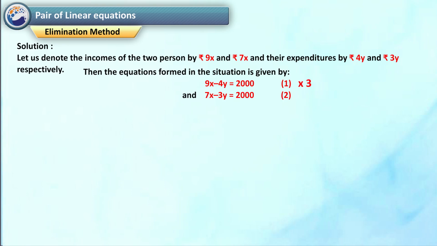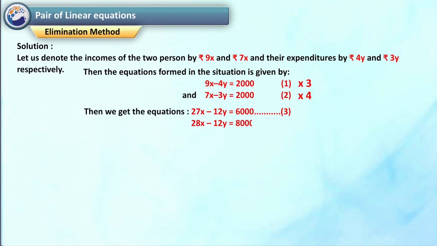Multiplying equation 1 by 3 and equation 2 by 4 to make the coefficients of y equal, we get 27x minus 12y is equal to 6000, equation 3, 28x minus 12y is equal to 8000, equation 4.